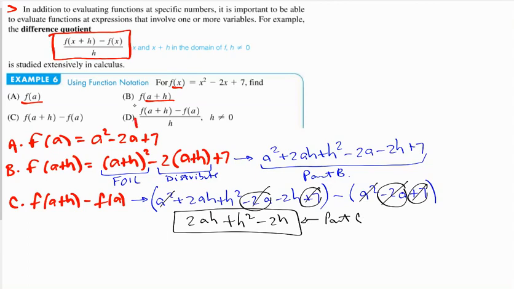Finally, part D asks us to use the entire difference quotient, which is saying take the result from part C and put it in the numerator and put h in the denominator. Because we see that there is an h term, or an h in all three of these terms, we can factor it out using GCF factoring.